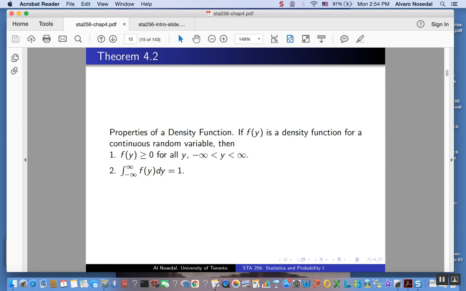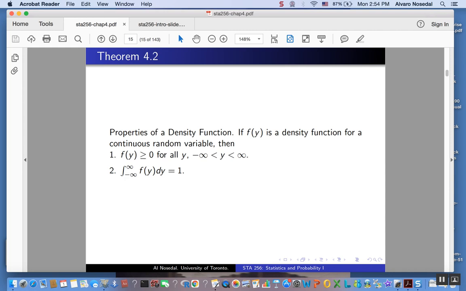And we also said that probability distribution had to satisfy a couple of characteristics. The probabilities that we assigned had to be numbers between 0 and 1, and if you add them all up for all possible values of the random variable, the sum should be equal to 1.